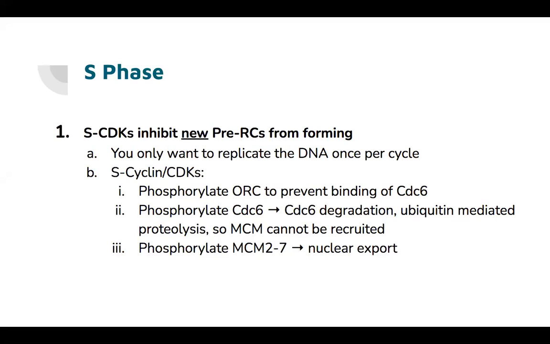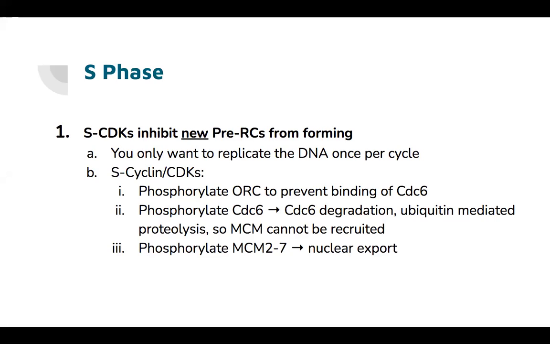So the first step, right, you have your S cyclins activated and they combine with the CDKs, and these inhibit the formation of new pre-RCs. So again, you only want the DNA to replicate once per cycle. It's already done that in the S phase, so you want CDK to then have the new role of inhibiting future RCs from forming, and it does that in 3 ways.